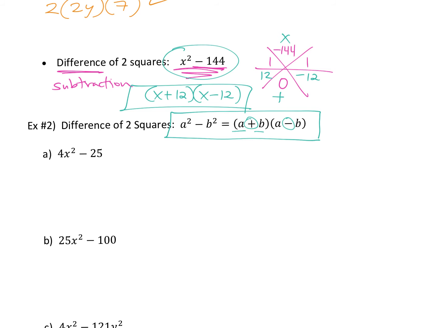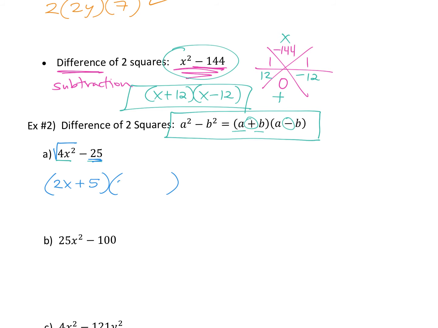Okay? So look at letter A. This is a perfect square, and this is a perfect square. So what we're going to do is square root the left, and we get what? 2x. Square root the right, and we get what? 5. Those are the numbers you're going to use, but now you get two binomials.